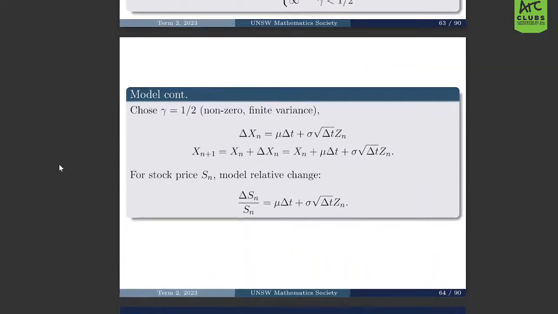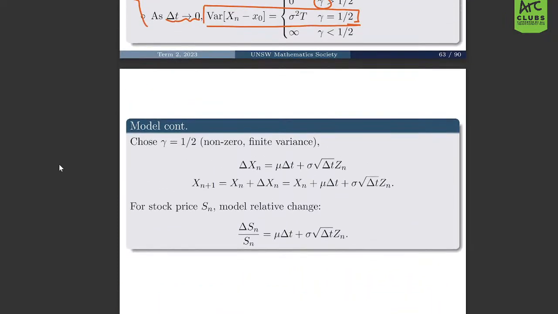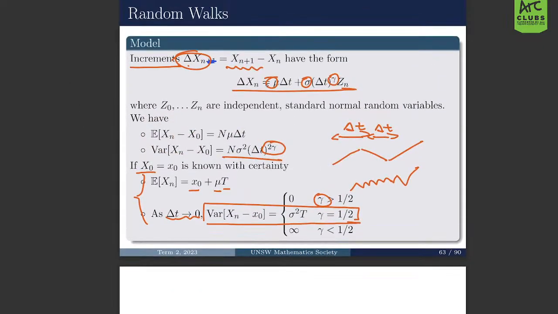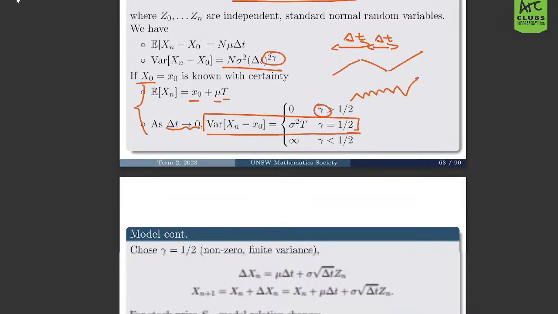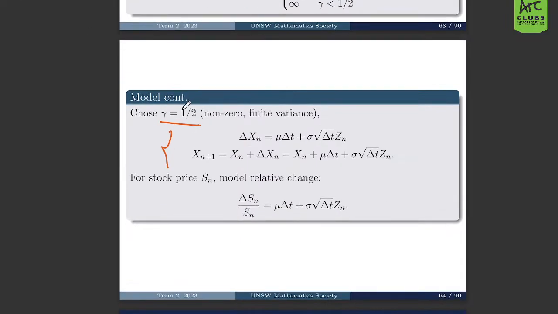So moving on, this is just basically reiterating what I just said. We choose the constant value of gamma equals a half to actually get a non-zero finite variance. And from this choice of gamma, we can rewrite the above equations, which is over here. We can rewrite this equation over here in terms of a half.